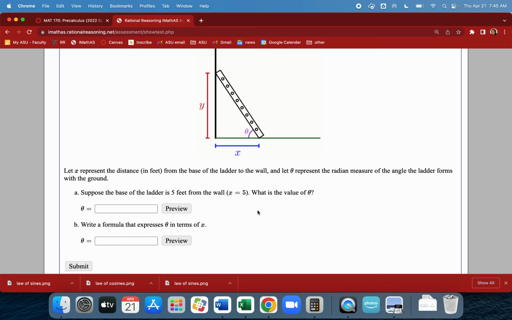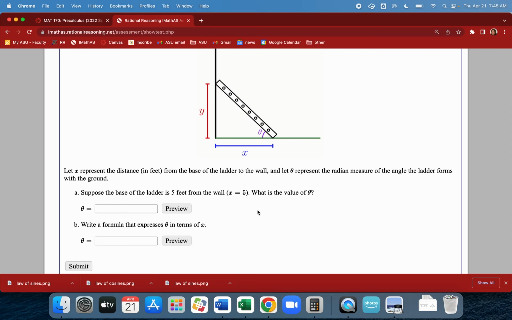But in any case, if the base of the ladder is 5 feet from the wall and I want to find this theta, if you want to draw this into standard position, we can do that.